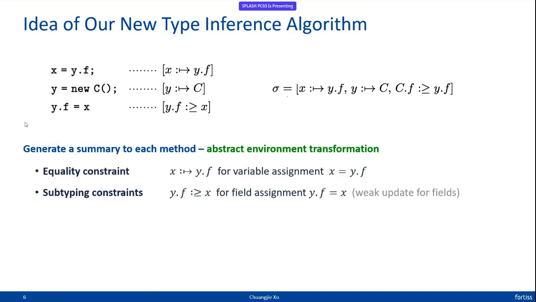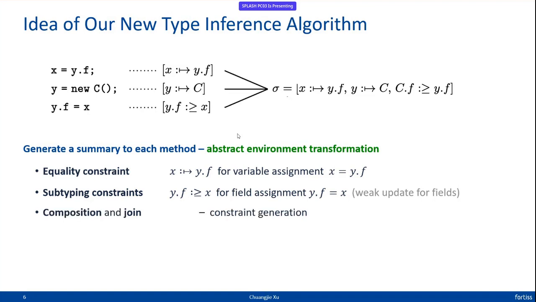So because of this, we cannot use the same equality constraint, but we have to use a subtyping constraint. We require that the type of f of y must be greater than or equal to the type of x. This is quite similar to the previous talk, where you generate an equation for each node in your program, but here we generate constraints for the assignment nodes or some specific interesting nodes.